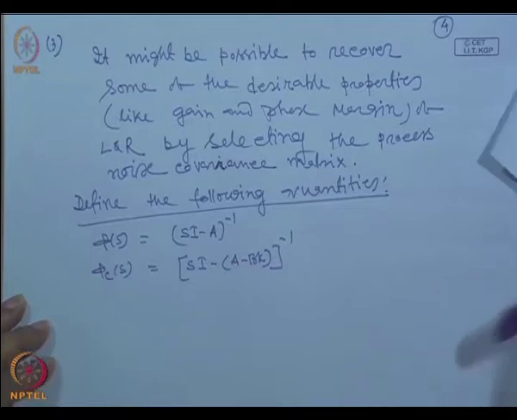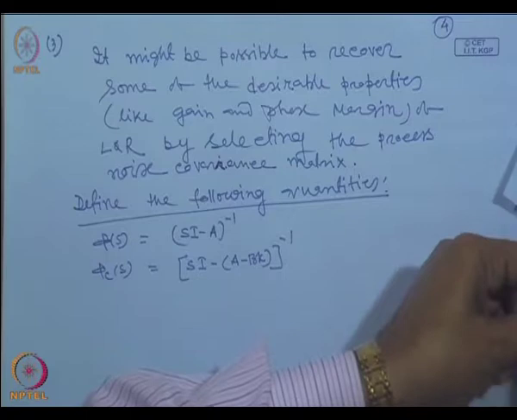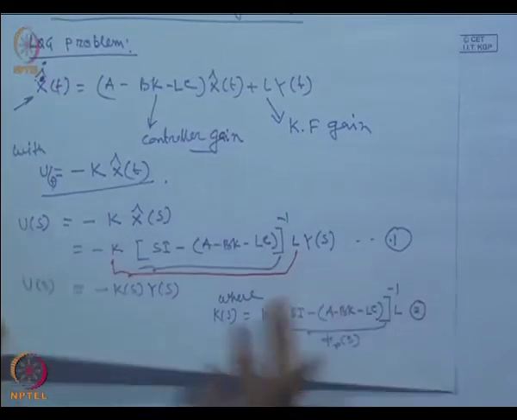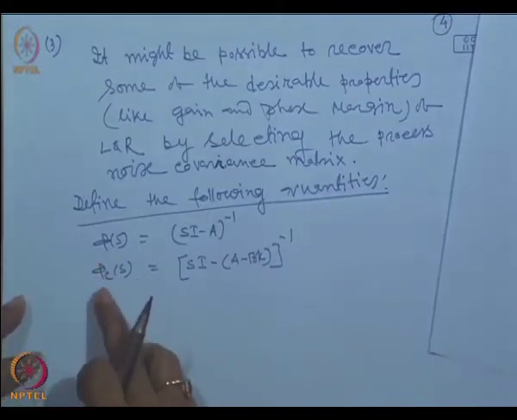With these identities, using them in equation number 1, I will use the phi_c.